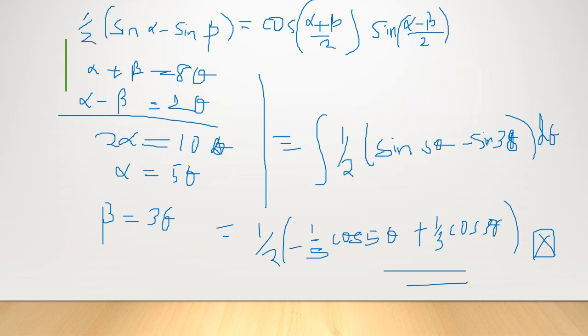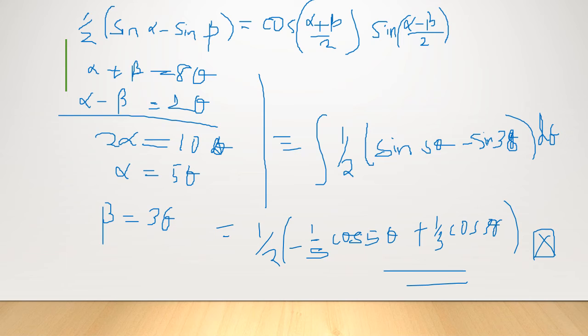We'll need to have now sine alpha different from sine, because for a relationship to come, it must be something comparable.